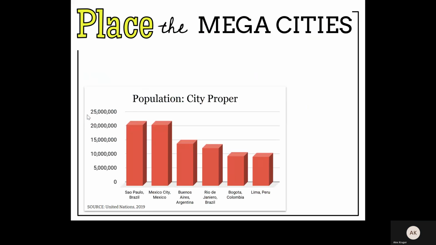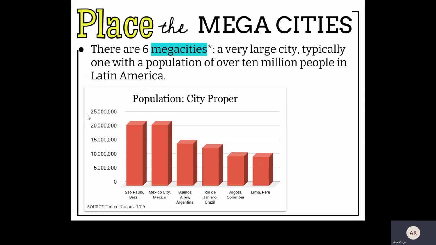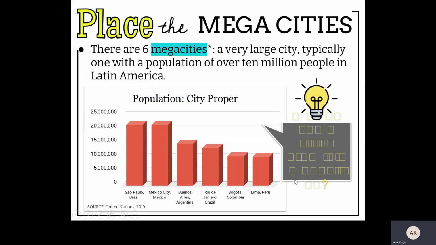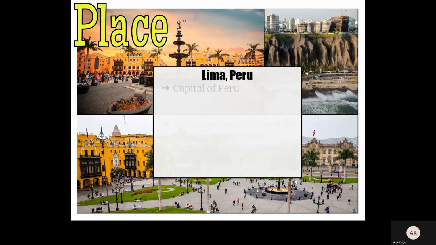Followed up by Brazil has got 2 in there, so Brazil's got a couple of major cities. Brazil is the most populated country in South America. And then we talked about Lima, Peru a little bit, which was kind of the smallest of the 6 mega cities, but nonetheless still a big mega city.